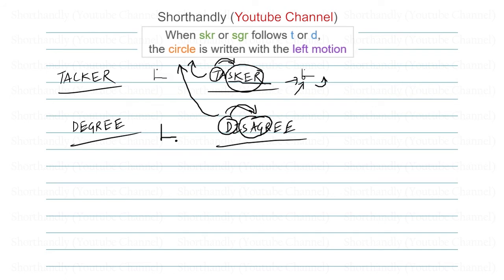So the word disagree will be made like this. Again, we just made this circle with the left motion, the left rotation. So we can consider this part as S also and R also. So this part shows both S and R. So that's all for this point. Let's move on to the third and the last point.